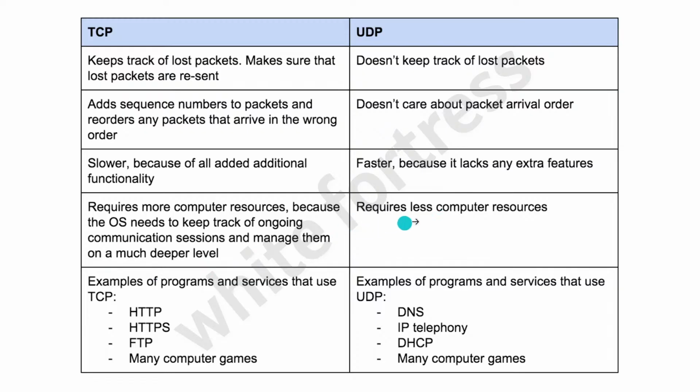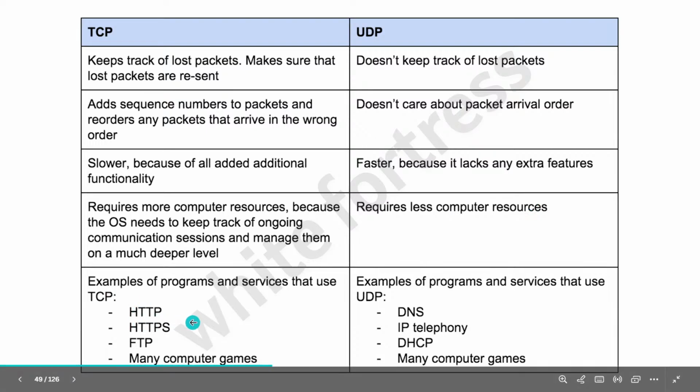But UDP requires fewer computer resources because it does not have any other functionalities like these, right? So TCP is used by protocols like HTTP, HTTPS, FTP, and many computer games, and UDP is used in IP telephony systems.